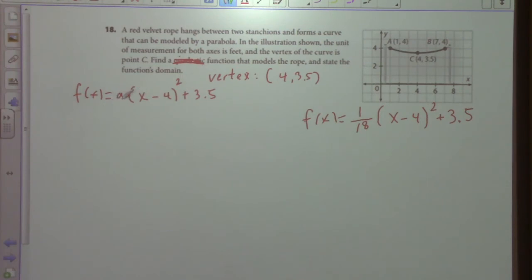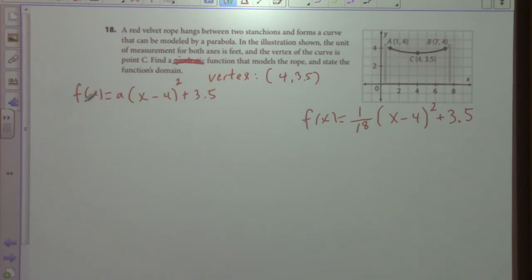Now the next thing we have to do is decide which point to use. Now like in second period, I think we used this one. But maybe you want to use point A instead? Smaller numbers, right? So smaller numbers to work with, so the arithmetic might be a little easier.